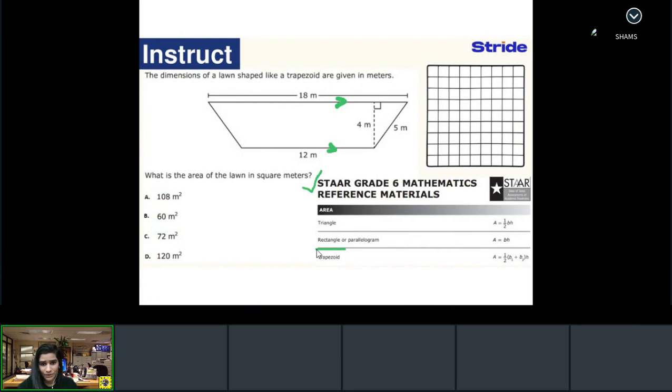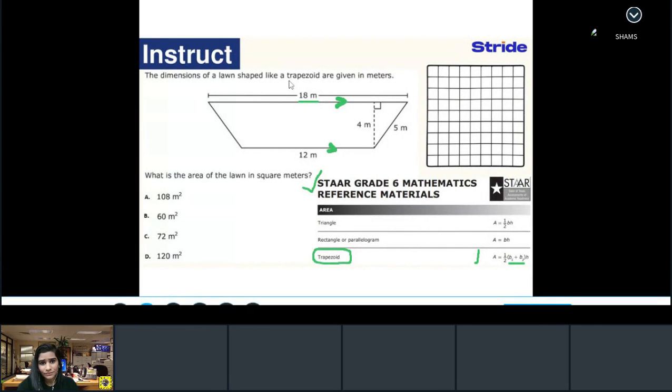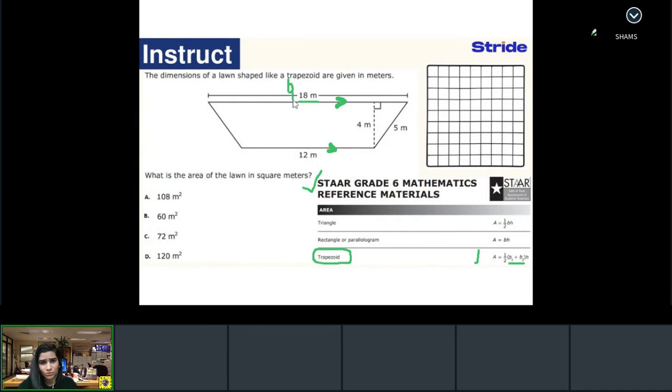First, I'm going to identify the formula for my trapezoid, and here it is. Step 1, base 1 plus base 2. I will add base 1, 18, plus base 2, 12. 18 plus 12 gives me 30.